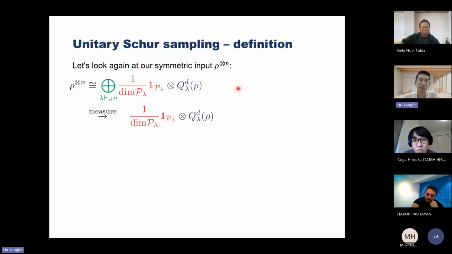Basically, what we can do, for example to do tomography, is first measure this lambda, we measure this classical register and get a classical lambda, and then we get an identity tensor Q lambda d rho. Because this identity contains no information, we discard this identity part, and what we are left with is just this Q lambda d rho.